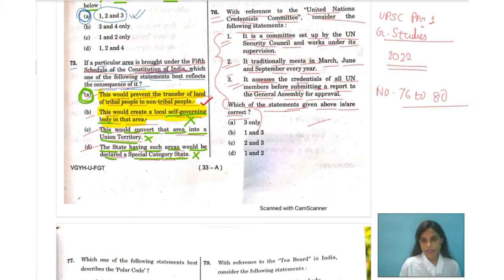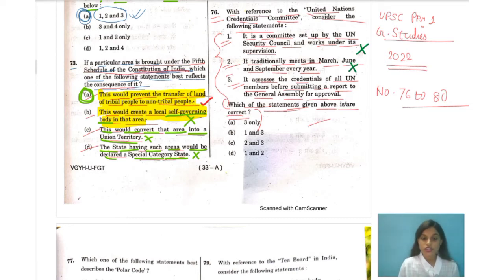Now over here, sentence number 1 is incorrect. It's because the United Nations Credentials Committee is a committee of the United Nations General Assembly. So that is why it's incorrect. What about number 2? Number 2 is also incorrect. Why?